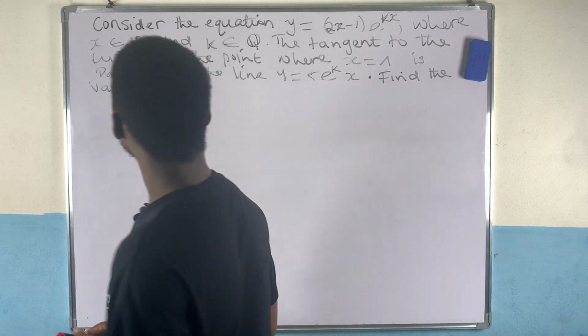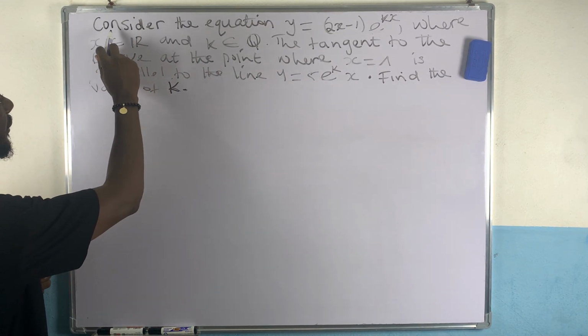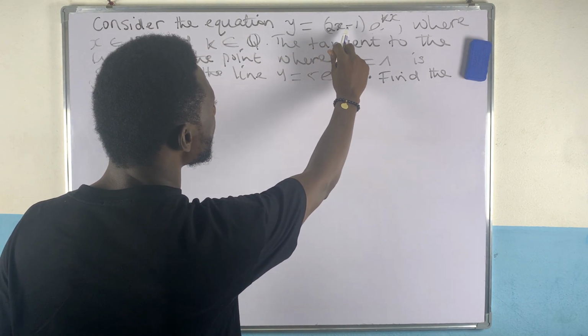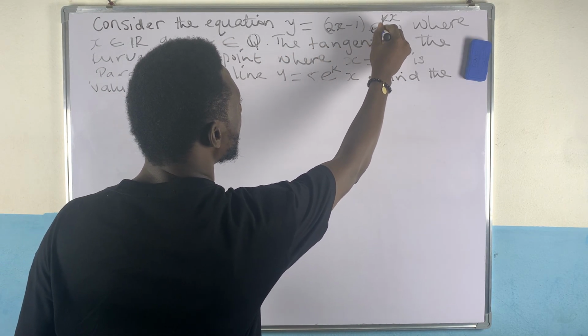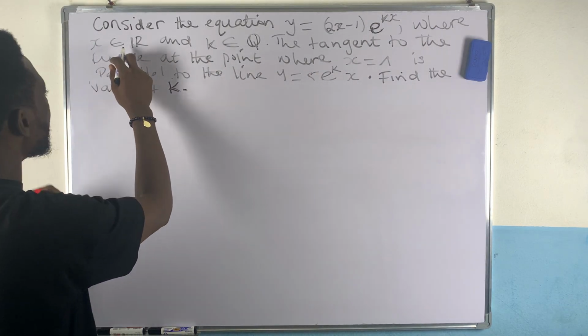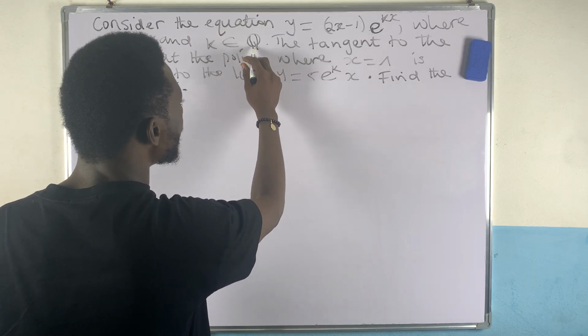So on the board, we are given: consider the equation y equals (2x minus 1) e raised to the kx, where x belongs to the real numbers and k belongs to the rational numbers.